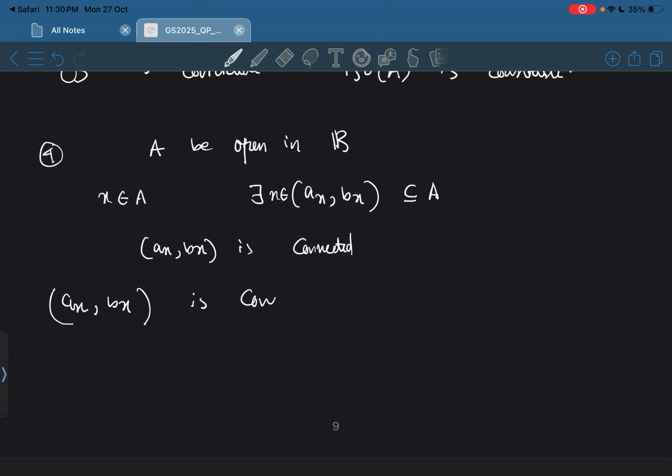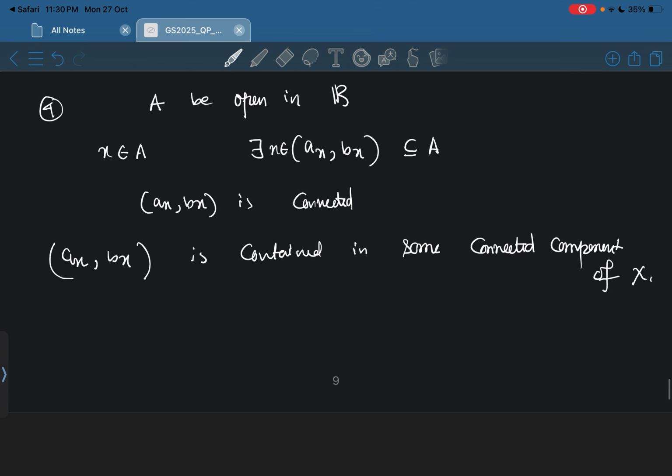It is contained in some connected component of A. Sorry, not of x, it should be a connected component of A. Now if it is contained in some connected component, you can always find a rational number in every interval.